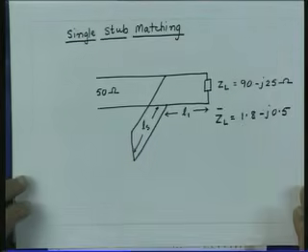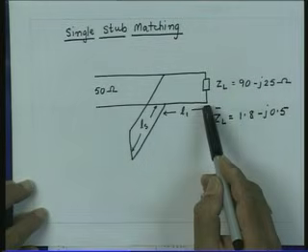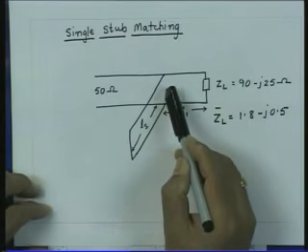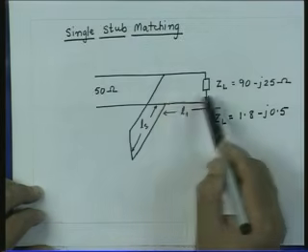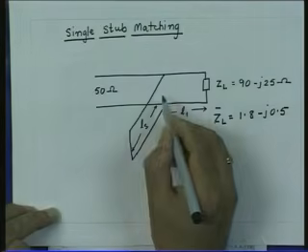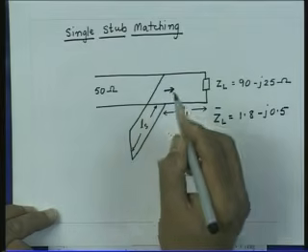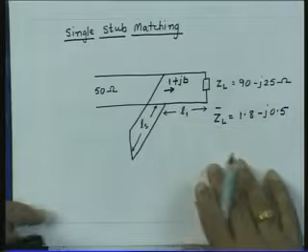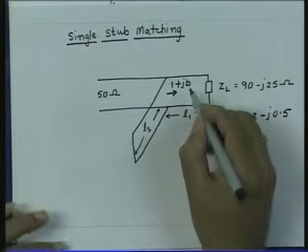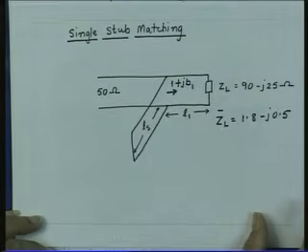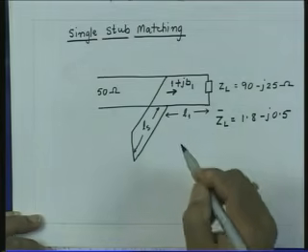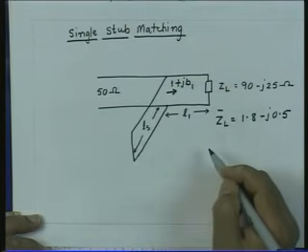As we have seen in the single stub matching, first I move by a distance such that the resistive part of this admittance becomes unity. That means the conductance G1 gets transformed to unity at this location. So this point here should become some 1 plus jB1. So, by moving along the main transmission line, first we set the conductive part to unity.